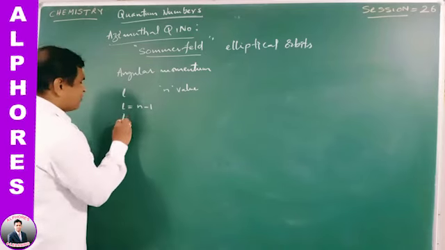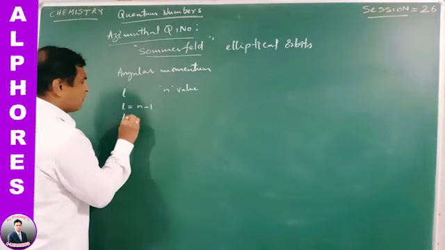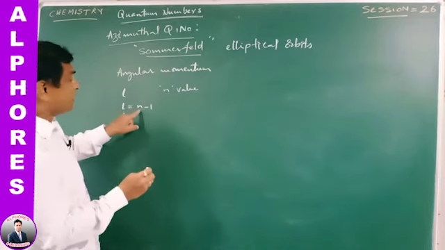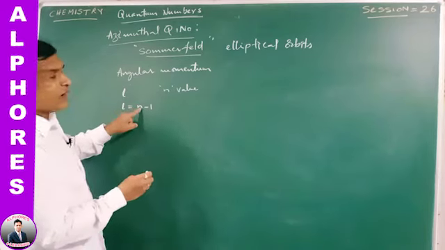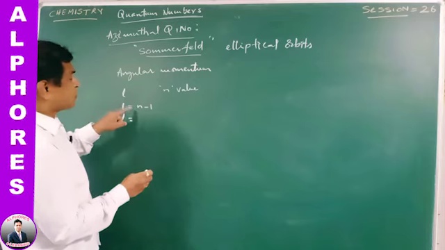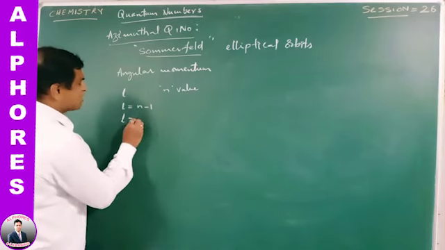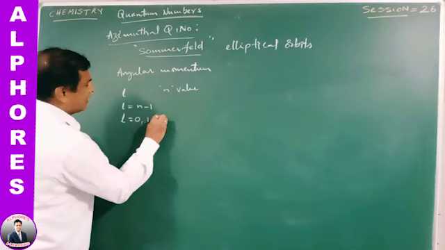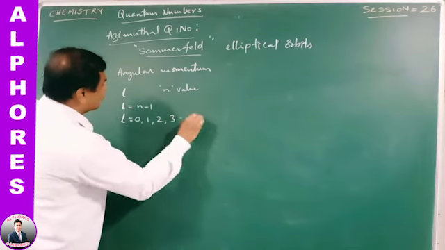That means L should be less than n. L is equal to n minus 1, so it starts from 0, 1, 2, 3 and so on.